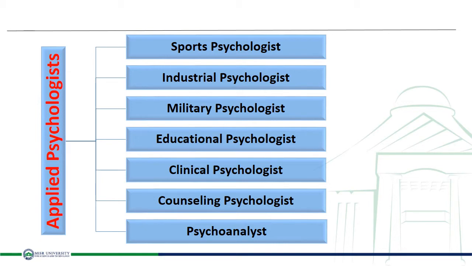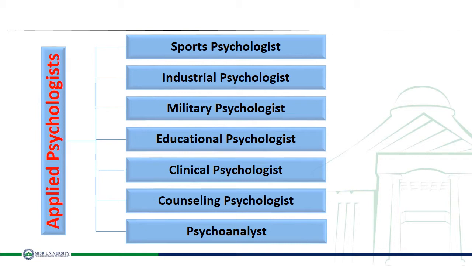Today, we will continue our journey and try to define the remaining 3 subtypes of applied psychologists. They are clinical psychologists, counseling psychologists, and psychoanalysts.